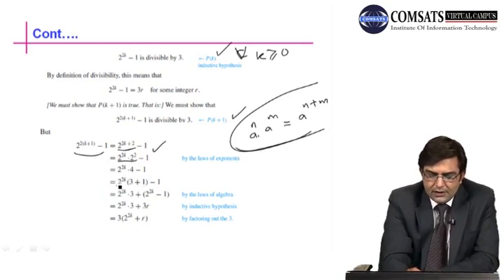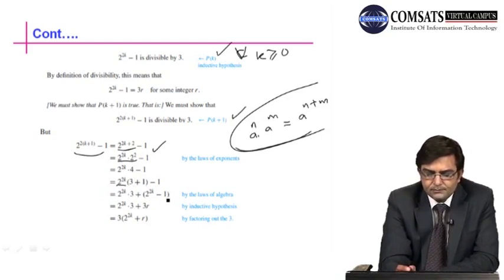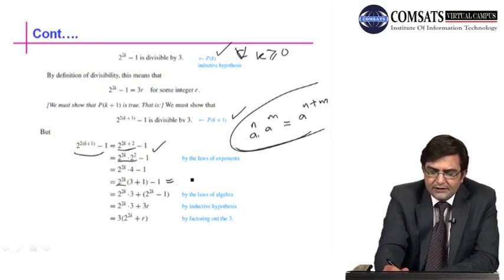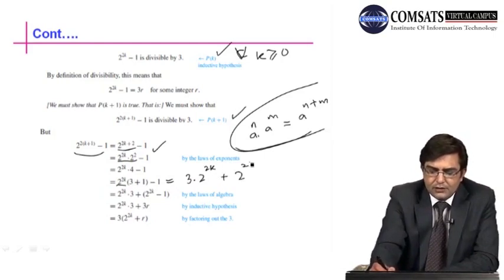Now we multiply this term with 3 and with 1. So this is written as 3 into 2 power 2k plus 2 power 2k minus 1.